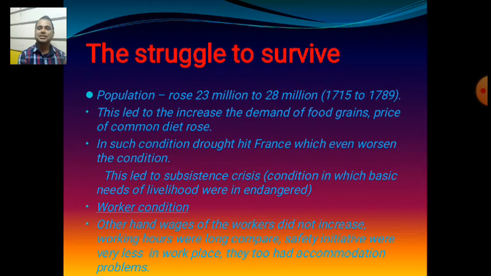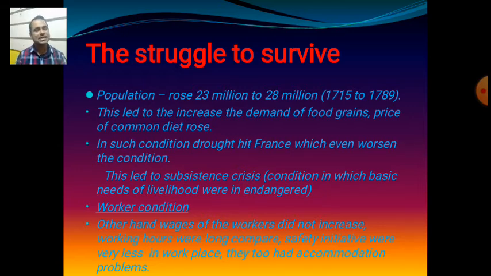In such conditions, what happened? France went through another hard time. That is, France was hit by drought. Population growth, the feudal system, and the drought: these three factors led to a subsistence crisis.